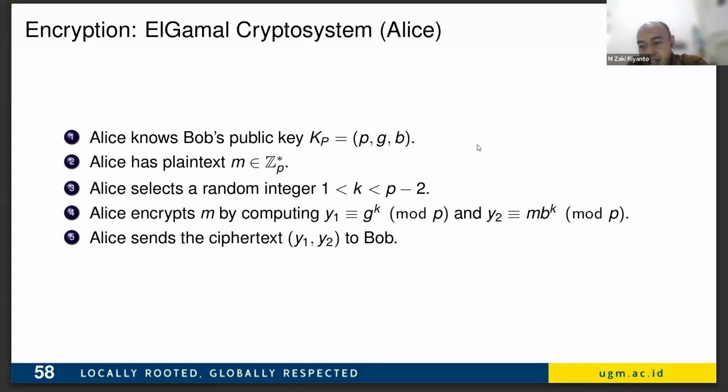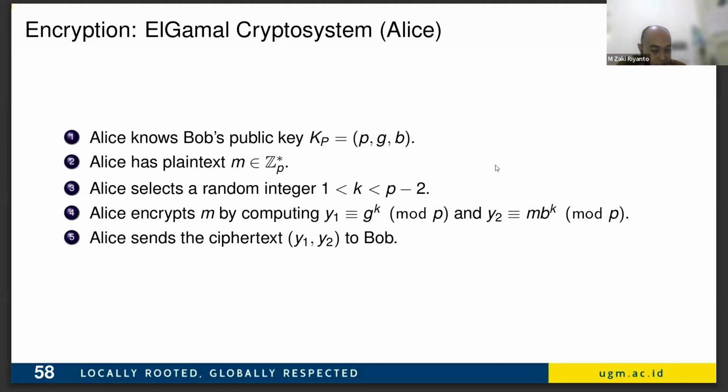Every plaintext can be encrypted into a different ciphertext, because every encryption uses a random integer.